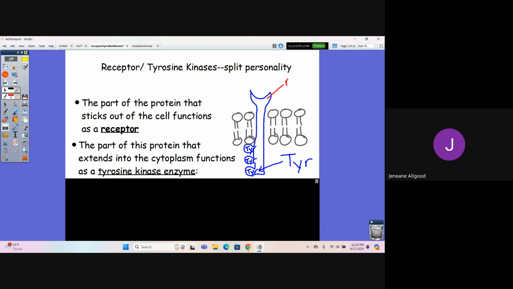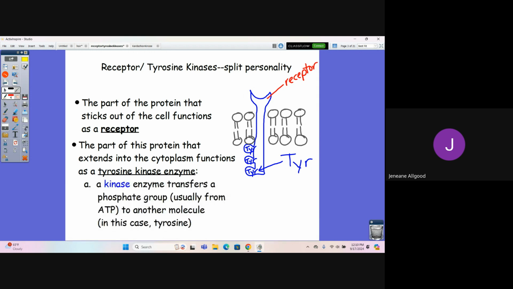So this is going to be your receptor end. It's going to be facing the outside of the cell. The part of the protein that extends into the cytoplasm functions as a tyrosine kinase enzyme.